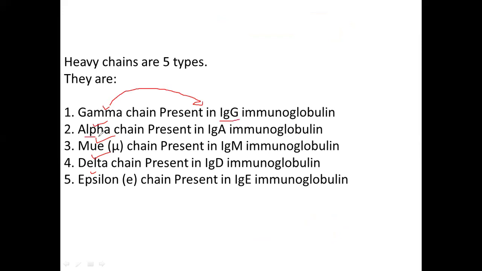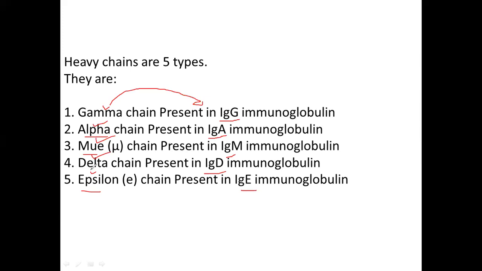If the heavy chain is made up of alpha chain, we call it as IgA. In the same way, heavy chain is made up of mu, IgM. Heavy chain is made up of delta, we call it as IgD. If the heavy chain is made up of epsilon chain, we call it as IgE.